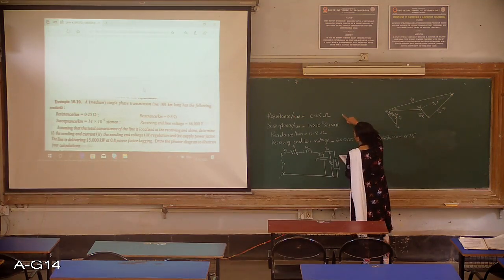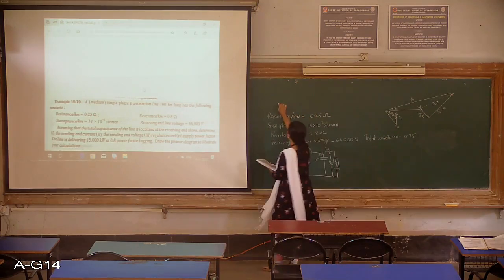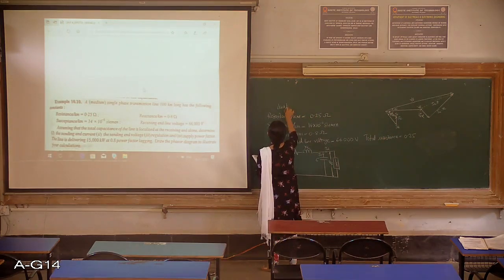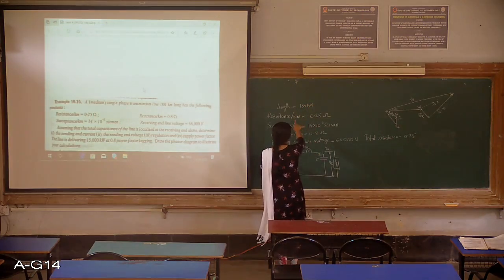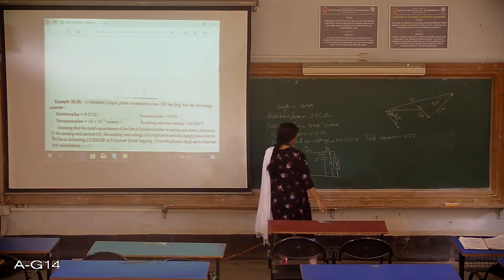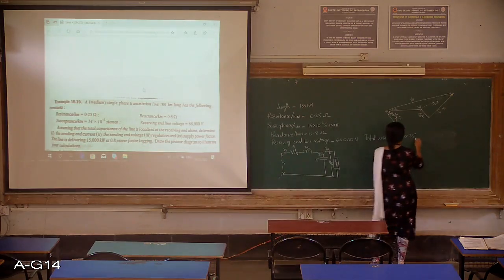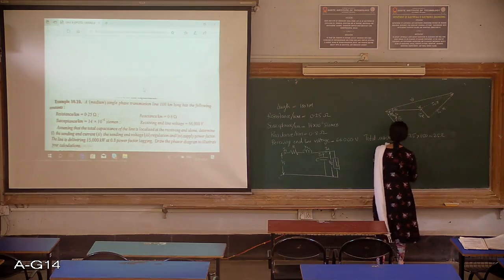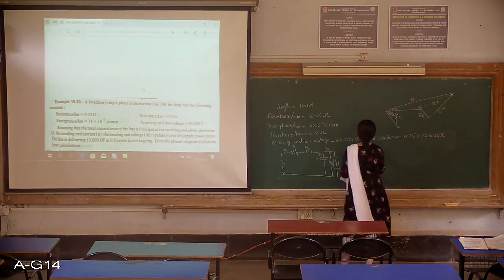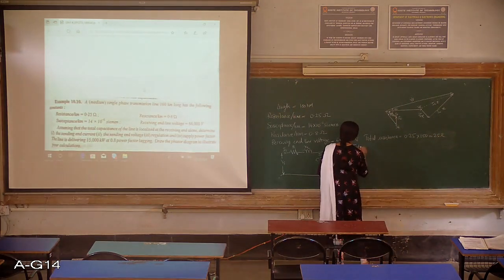They have given the length of the line, so I will mention it here for your ease of calculation. The length is 100 kilometers. Everything with respect to 100 kilometers we will rewrite, so it is into 100. This comes out to be 25 ohms. Similarly, write down all the values for other things.